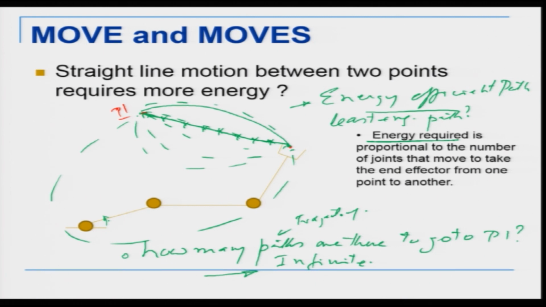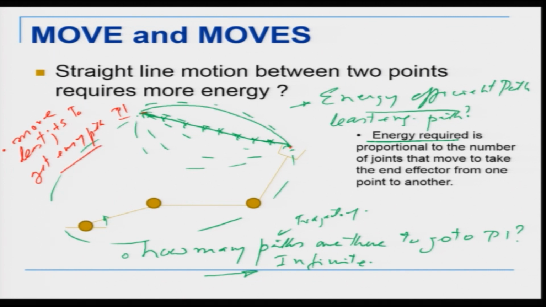I hope that point is clear. So, when we are trying to find a least energy path, one way of finding it is by moving the least number of actuators. So, a very important result to note here is: move the least joints to get an energy efficient path.